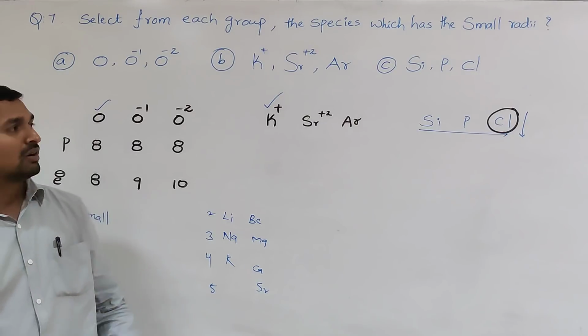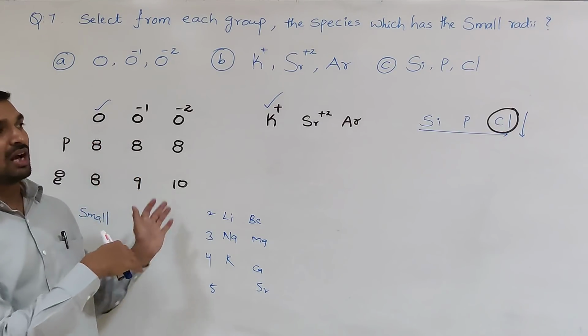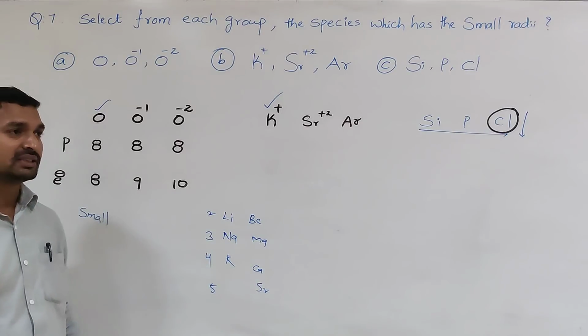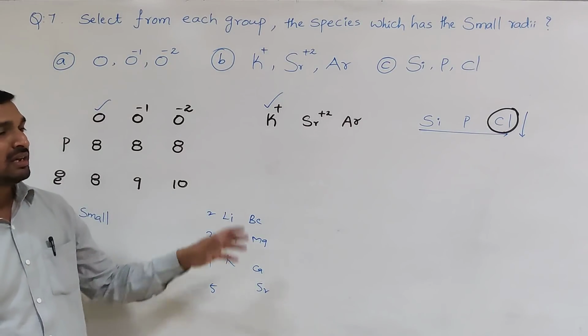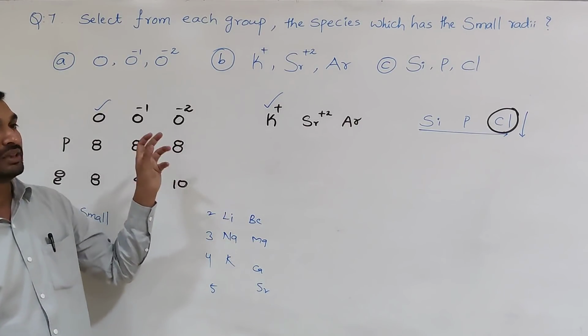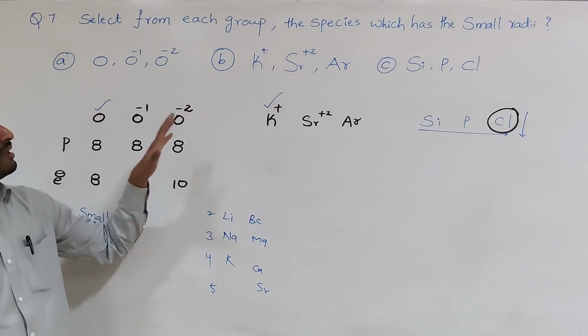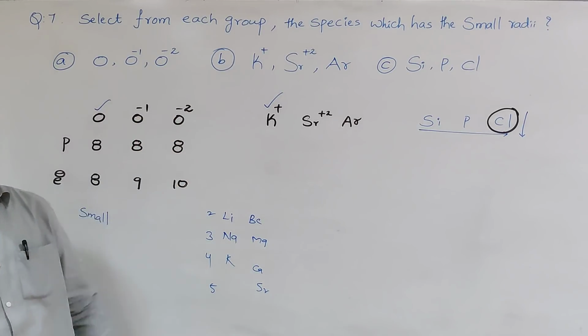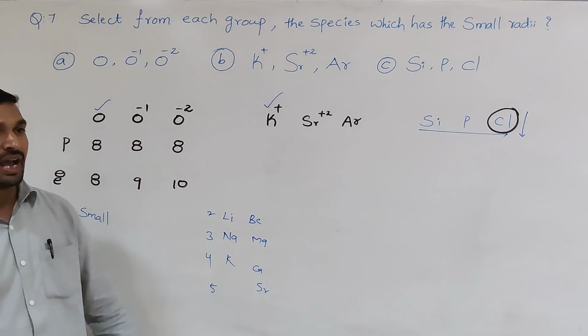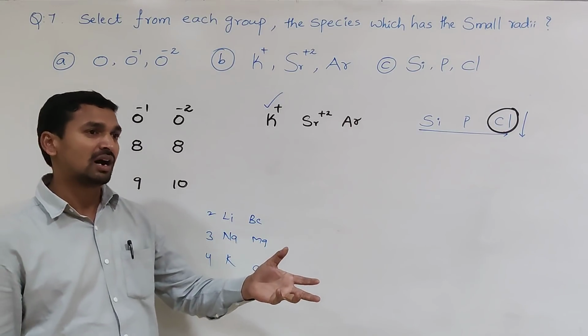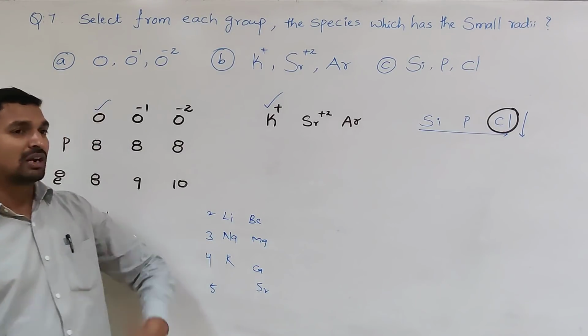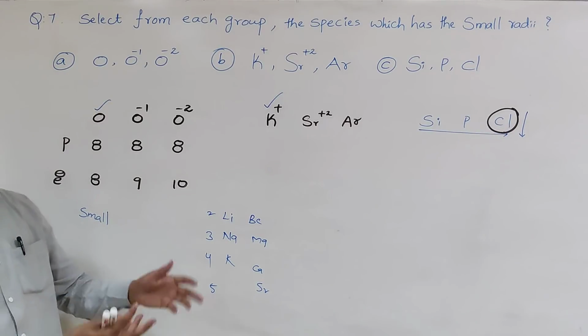We can also arrange the ascending and descending order of their radii, which will be analyzed through certain examples. So this is about how to analyze the ionic radii of different atoms or ions. You can also practice more questions on atomic radii to get more command on it.